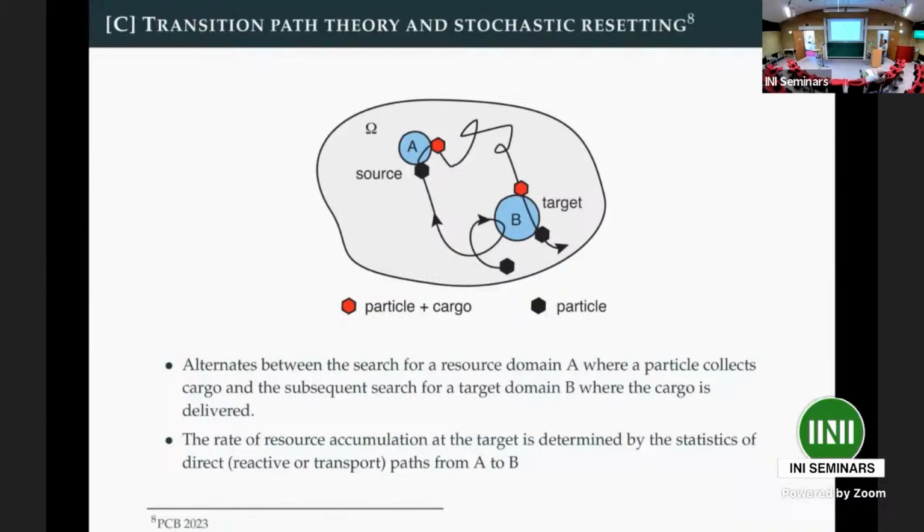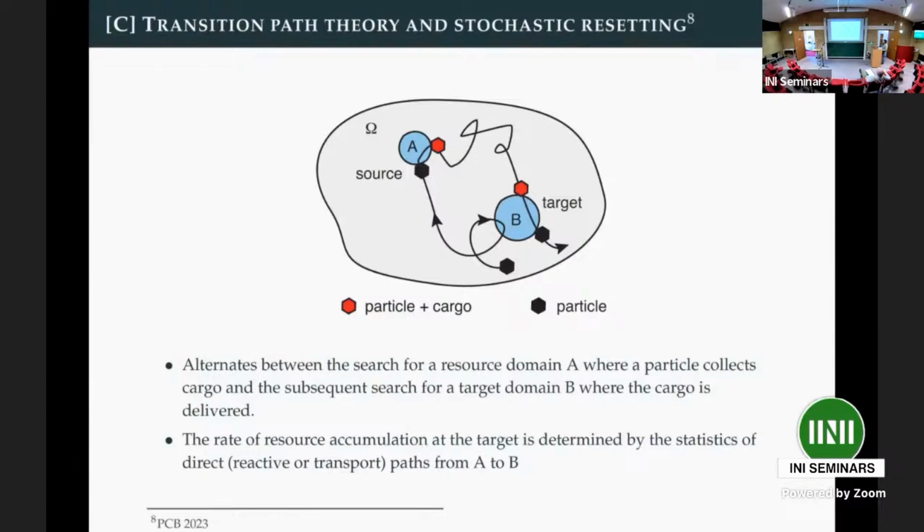I'm going to take this particle to be Trumpian, i.e. stupid, in that it never remembers where A and B are, but it does this forever. So it's a bit of a myth of Sisyphus, using as many cliches as possible in one sentence, of picking up resources, delivering it to a target, going back, picking up more resources.